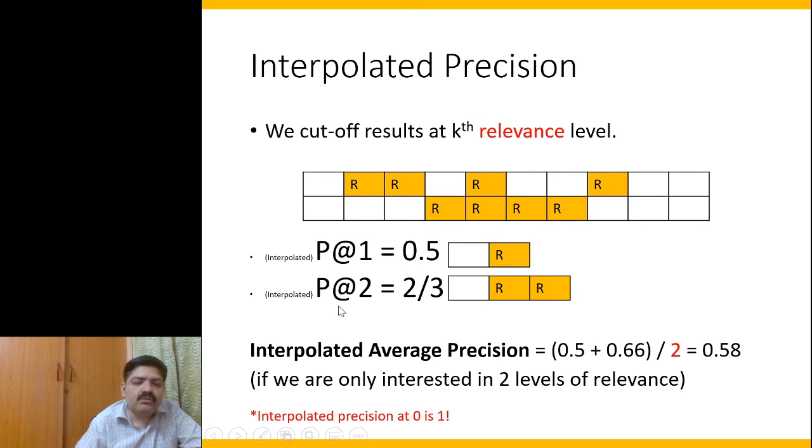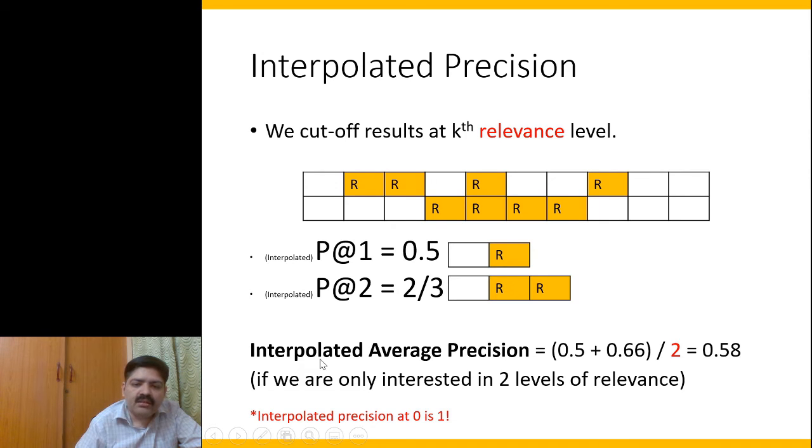So if I were to do precision at 3, then I would look for the third relevant document, which is here, and that's 1, 2, 3, 4, 5. So I need at least 5 documents to get 3 relevant documents. So the precision at 3 would be 3 out of 5, and so on till I have n relevant documents.